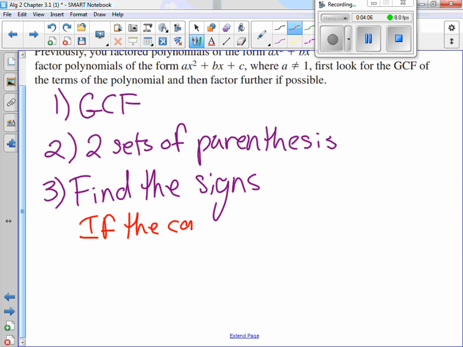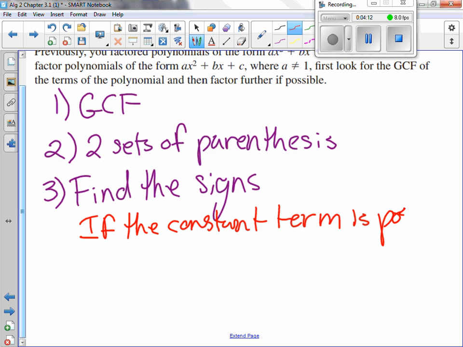If the constant term is positive, the signs are the same and they match the sign of the middle term.